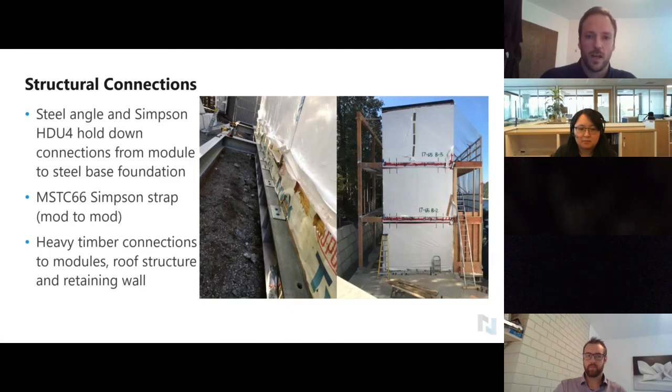And then the heavy timber kind of connected all the way along to the retaining wall and connected the roof to the mods, as well as each mod. It kind of provided that additional tie-in of the complete structure. Next one, please, James.